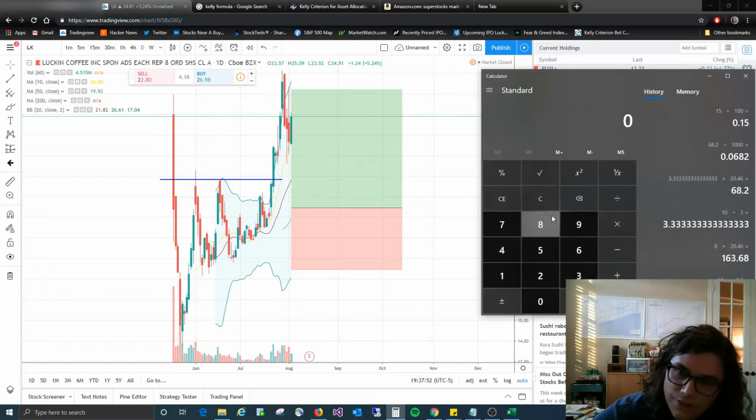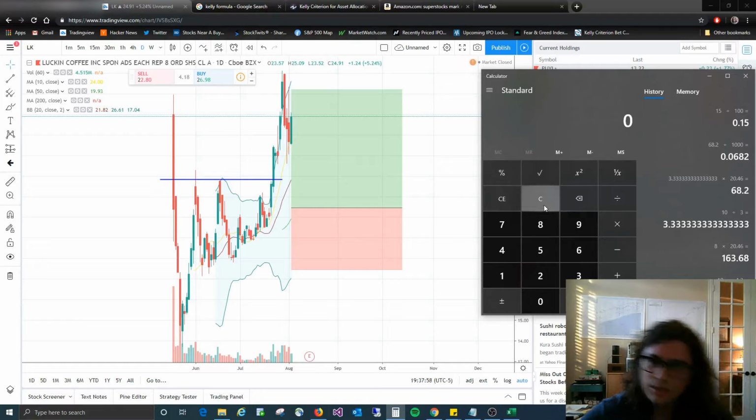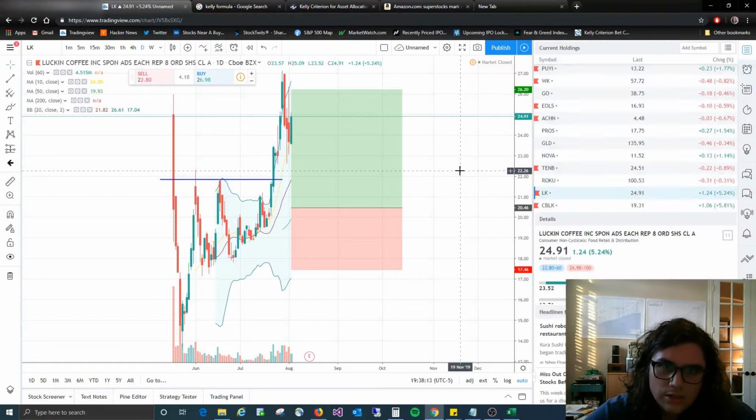If you had 5% in a stock, then you could have 20 stocks at a 5% position, and so forth. At 15%, you could hold fewer that way. It's just a matter of how diversified or concentrated you want to be in specific stocks. You kind of get a feel for what you like, and we'll get into that more in a later video, but that's pretty much the gist of it.